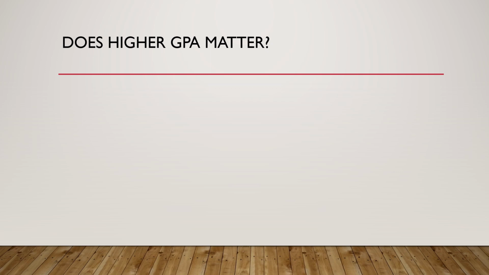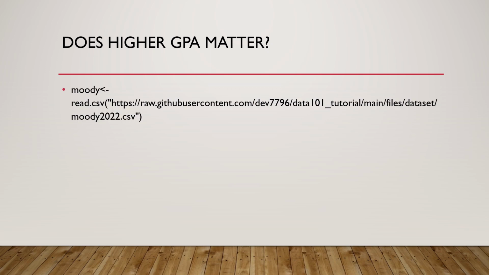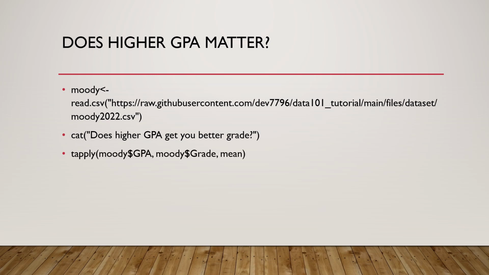We can also see a relationship between variables. For example, does higher GPA matter? What does it mean? Again, initializing the data frame. And the question is, does higher GPA get you a better grade? How to test it? Again, one-liner. Okay, you write the apply function, and depending on the Moody GPA attribute, you look at what is the mean of the GPA for different grades.